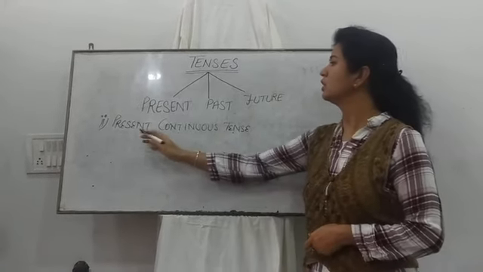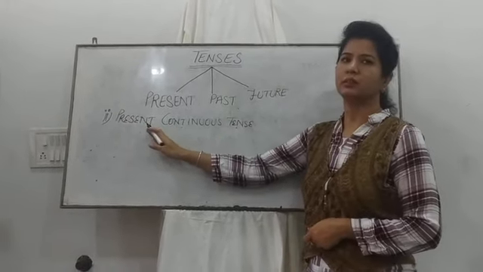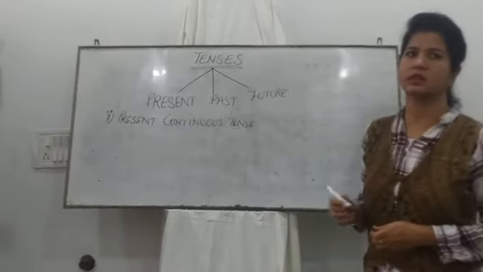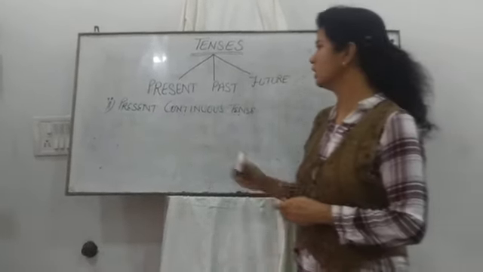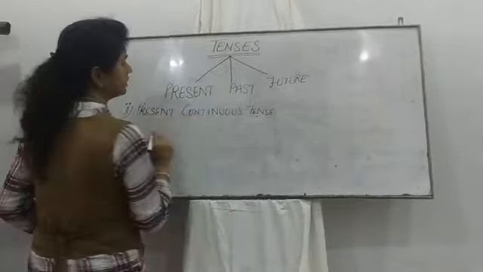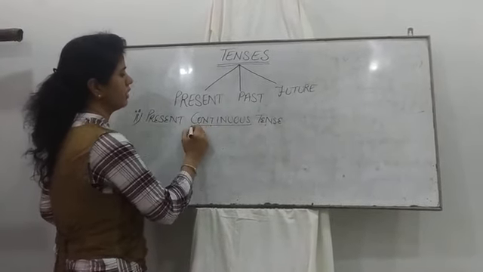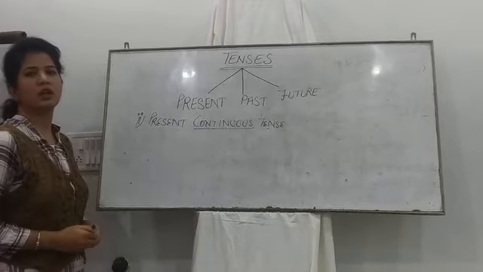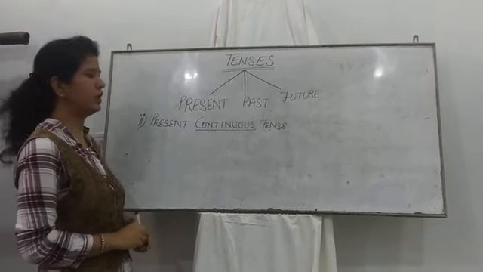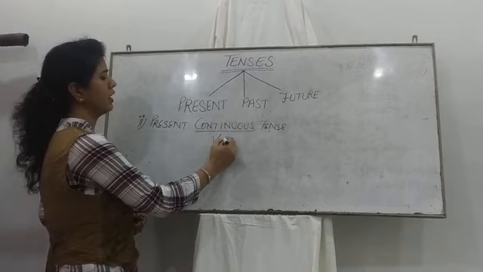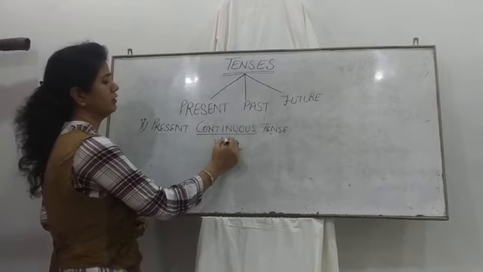Now the next part of present tense is present continuous tense. Let's talk about its rules. So this is a tip for all the students, that wherever you see the word continuous, you will apply V1 plus ing.